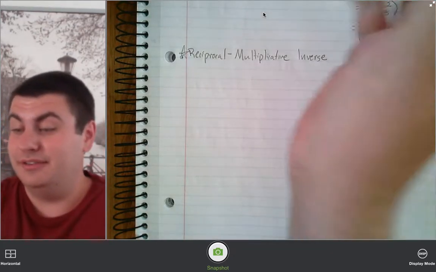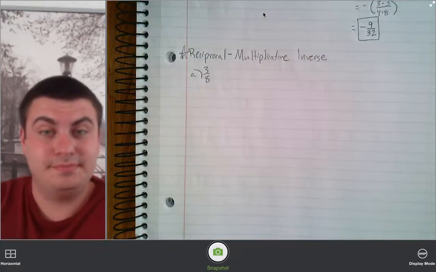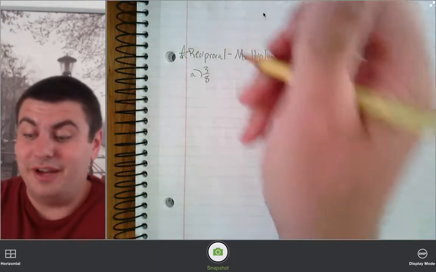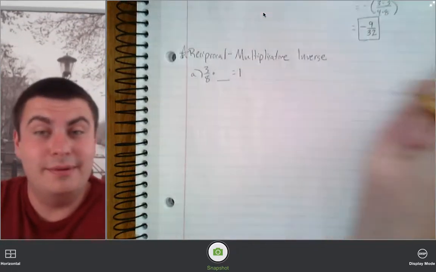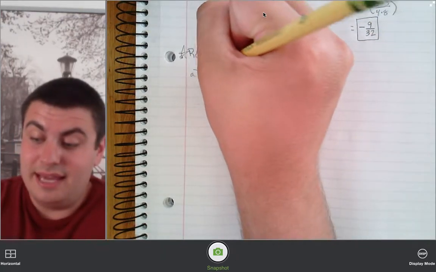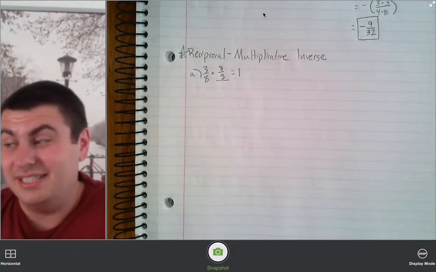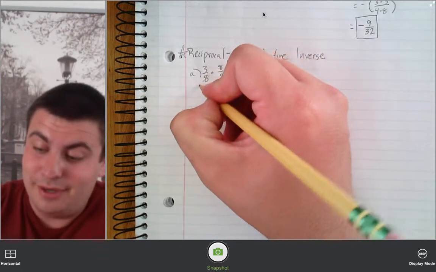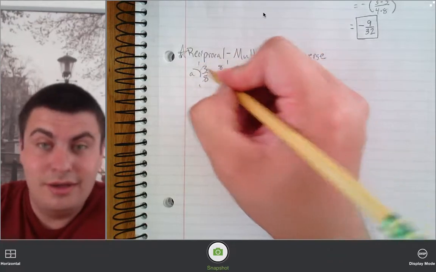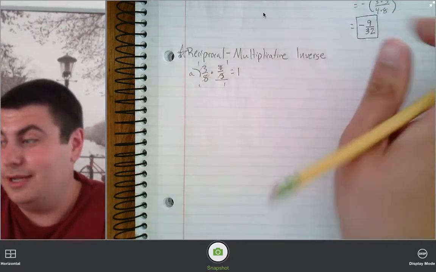So for example, if we wanted the reciprocal of 3/8, we would find what times 3/8 equals 1, and that is 8/3, simply by flipping over the fraction. When we multiply, we can simplify: 1 times 1 is 1, 1 times 1 is 1, 1 over 1 is 1.